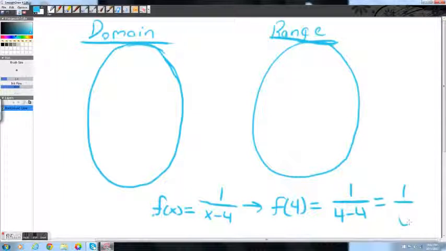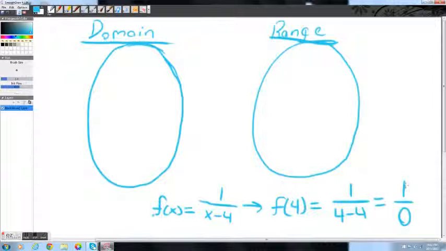Evaluating at 4, we would get 1 over 0. It's possible that in your mathematics careers, you have learned that we are not able to divide by 0. Division by 0 is undefined. Don't believe me? Put it in a calculator and see what your answer is. Your calculator will no doubt read error. We cannot divide anything by 0. We can't even divide 0 by 0.